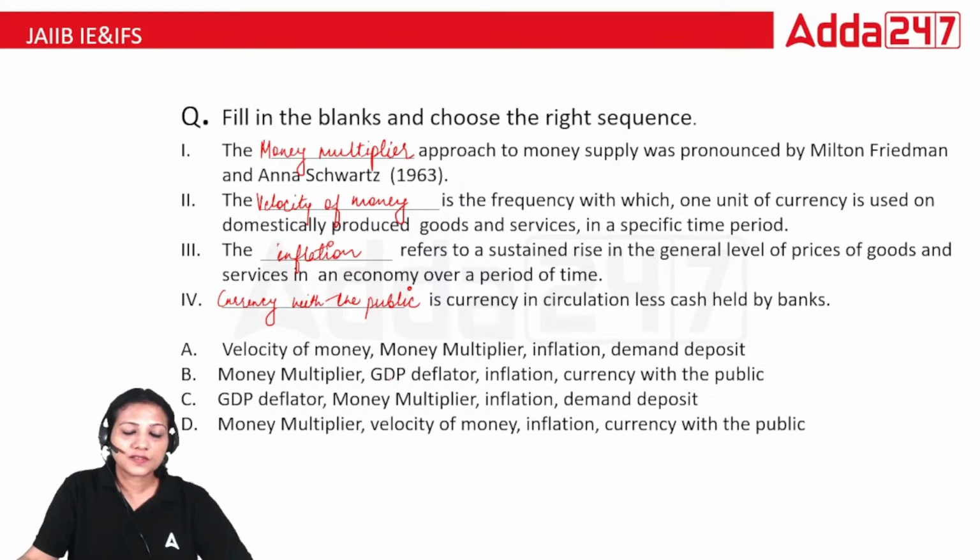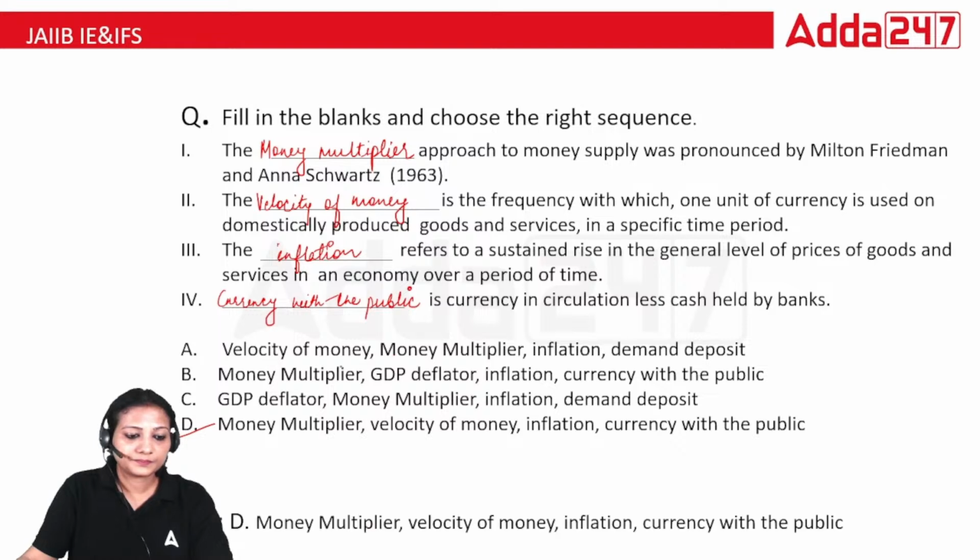So these are the options, and we'll find which is the correct sequence. So it is option D, money multiplier, velocity of money, inflation, and currency with the public. So D is the right answer.